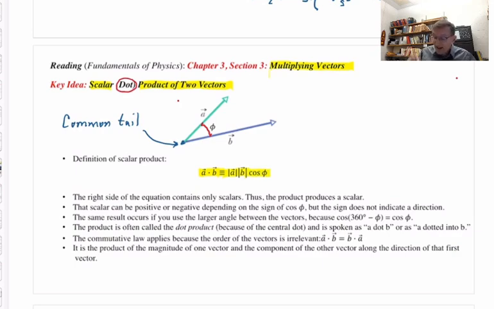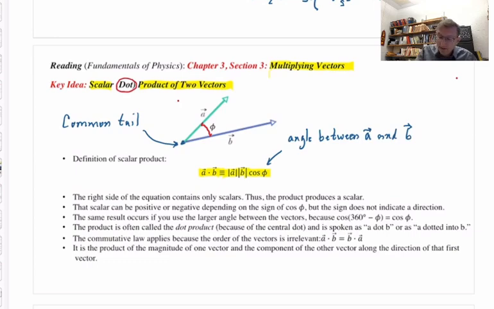Phi is the angle between the two vectors, in this case A and B, when they're drawn with a common tail. That's the definition of the scalar product of two vectors.